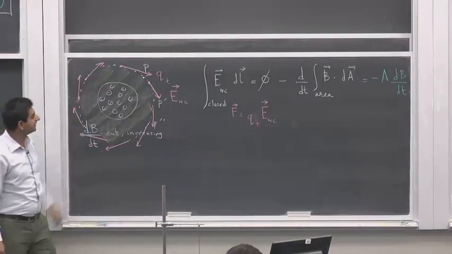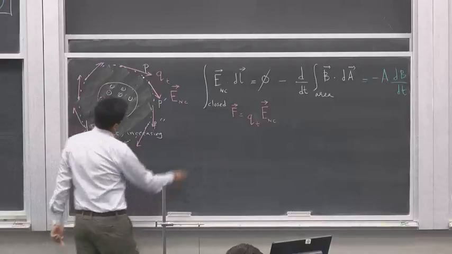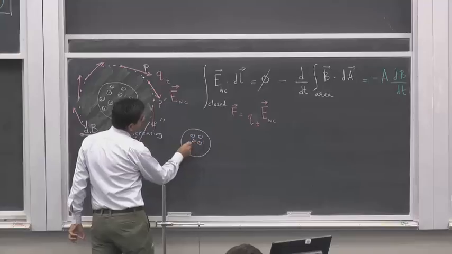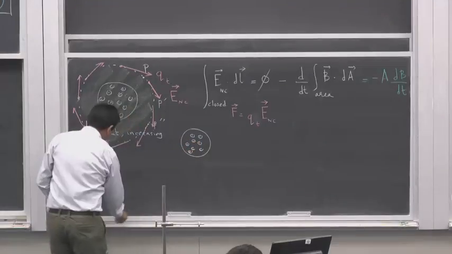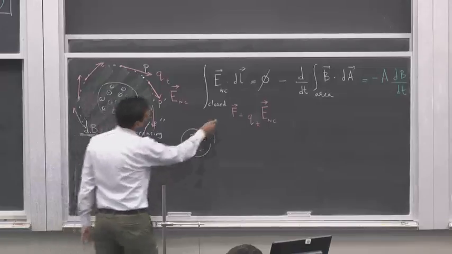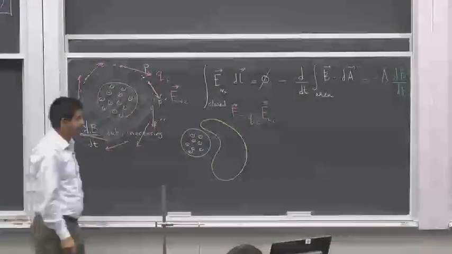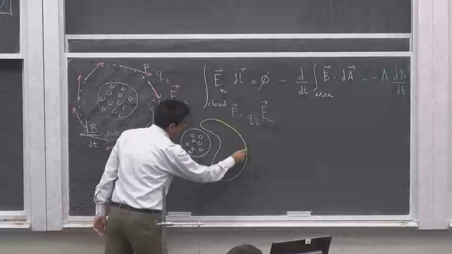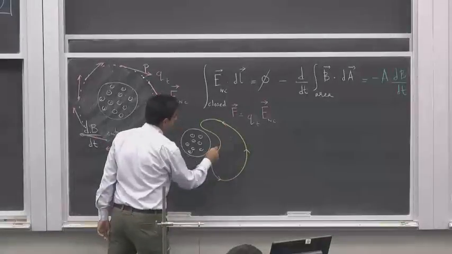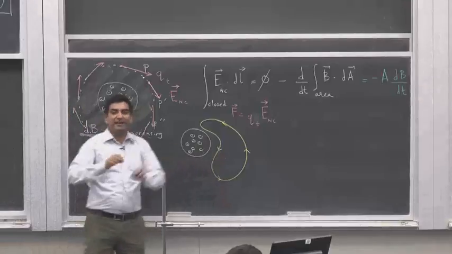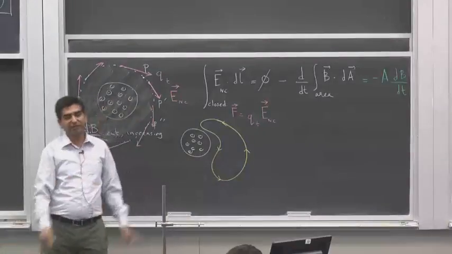If I replace this scenario with a scenario in which I have a changing field, now the path that I take is different. Suppose I take this path. So the arrow shows the direction in which I move around the path. It doesn't show the direction of the electric field.